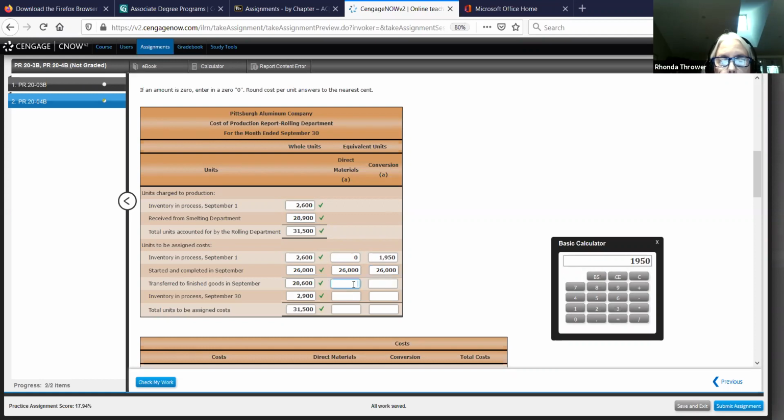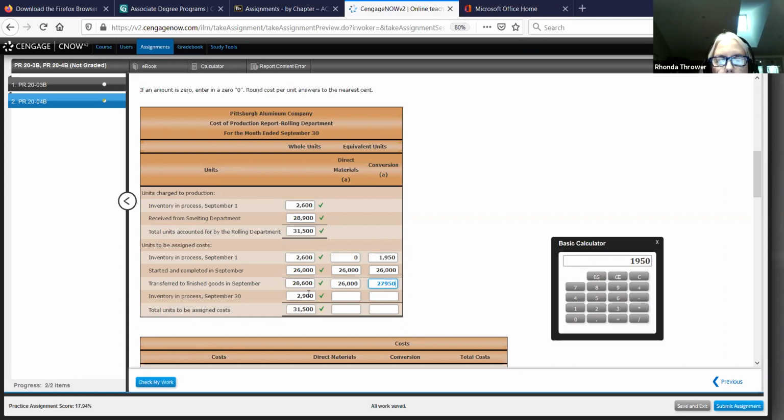And then we will combine our beginning inventory with our started and completed. And then we're going to work on our ending inventory.